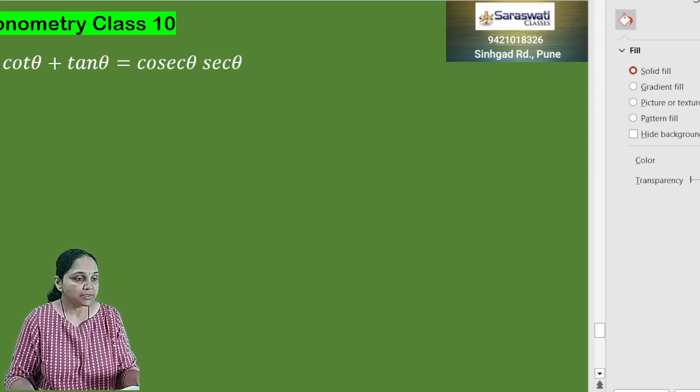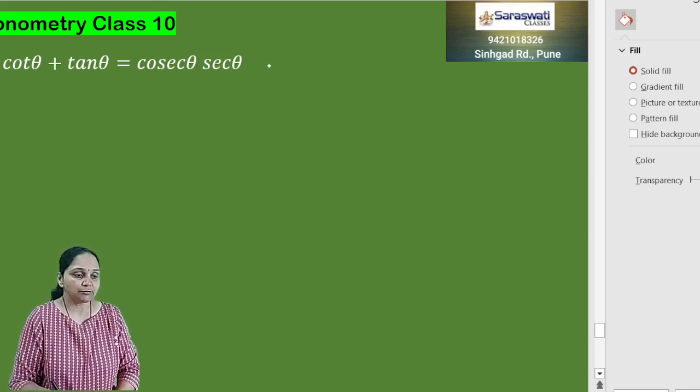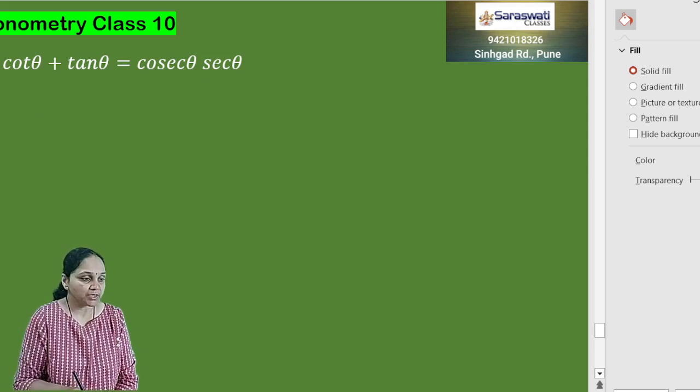Okay, next example is this cot theta plus tan theta is equal to cosec theta plus sec theta. Again here consider LHS.